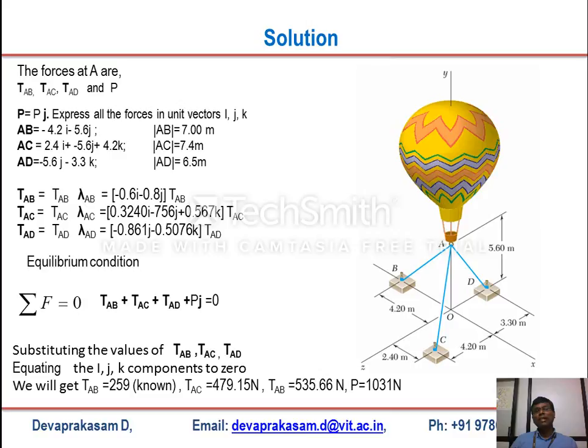Then you replace that with the i, j components individually: sum of the forces in the x direction, sum of the forces in the y direction, sum of the forces in the z direction also 0. This is how one should approach and solve that.